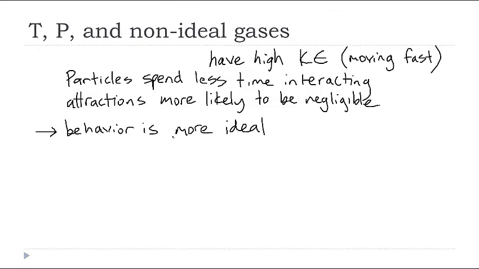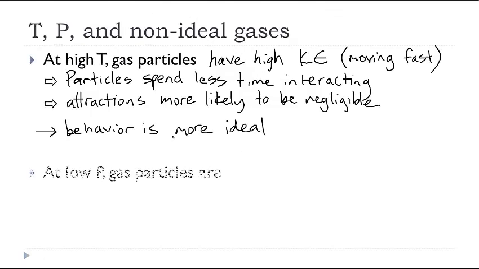All right. So behavior is more ideal at high temperature. Now, what about low pressure? So low pressure, what does that mean about the gas particles? They're going to be more spread out.